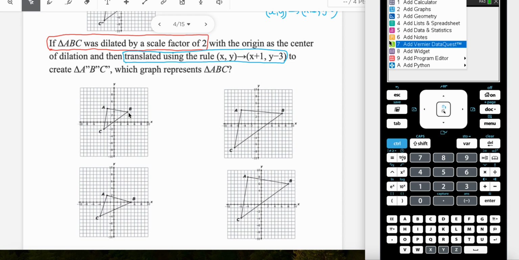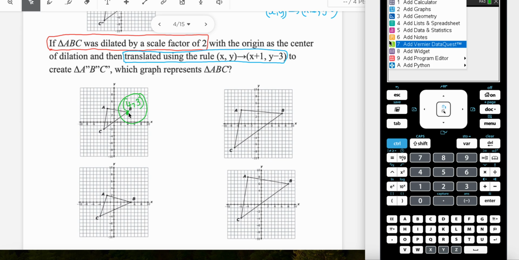So if we choose B for this one, let me use a color. Which color did I not use? Let me use green. So we're only going to be choosing B. For B, this coordinate is 4, comma 3.